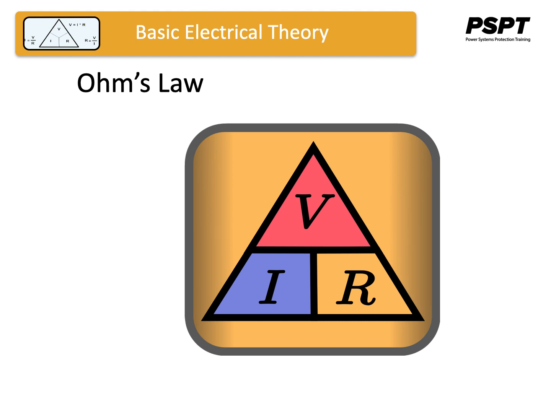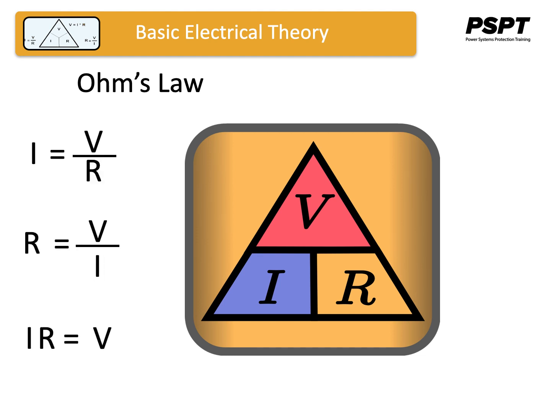First, arrange the letters E, I, and R in this triangle. Then remember that V is always in the numerator, and depending on whether you're looking for the current or the resistor, one of them will be in the denominator.